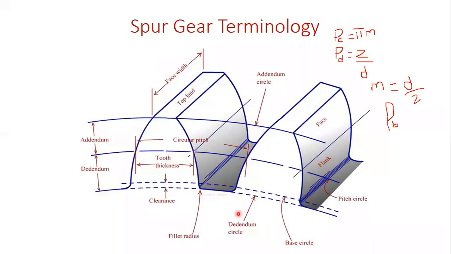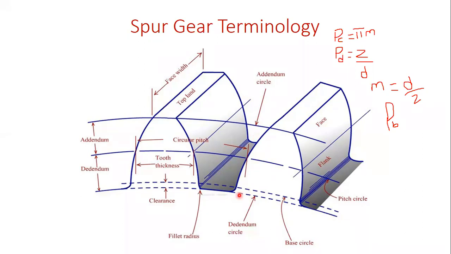And here you can see that this is the addendum circle and this is the dedendum circle. The addendum circle is the circle which passes through the tips of all the teeth. Here I have taken only two teeth, but this circle will pass through each tooth.